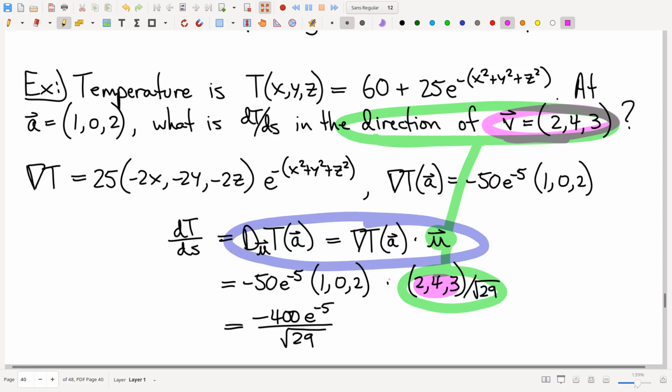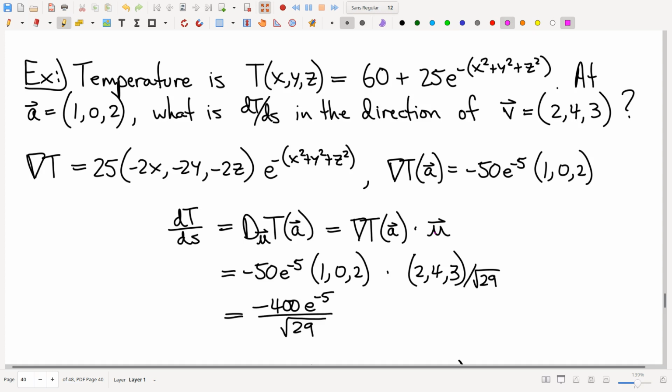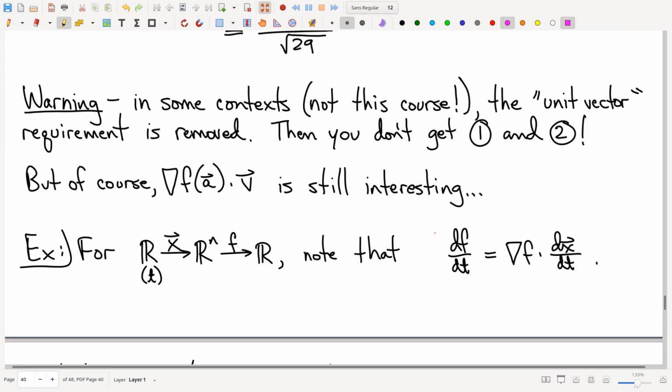Okay. Now, here is an unfortunate cultural point, and this is uncomfortable, but it is what it is. Some people like to define the idea of a directional derivative without the unit vector requirement.